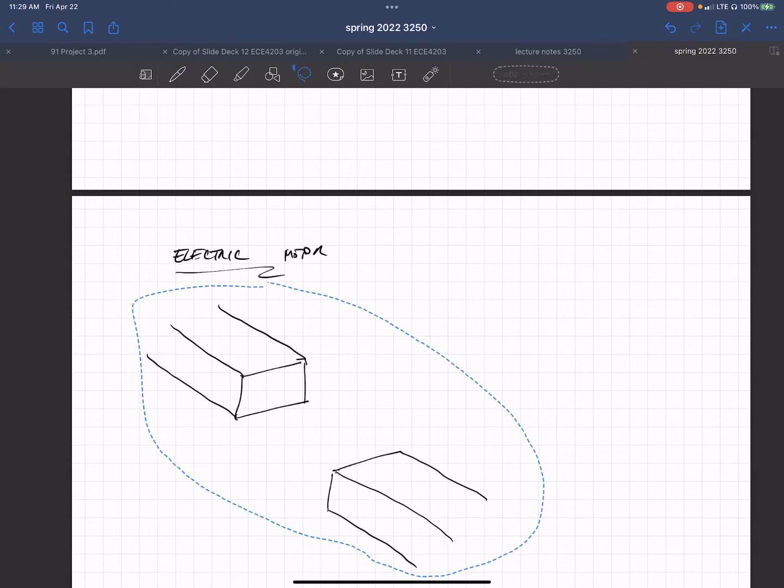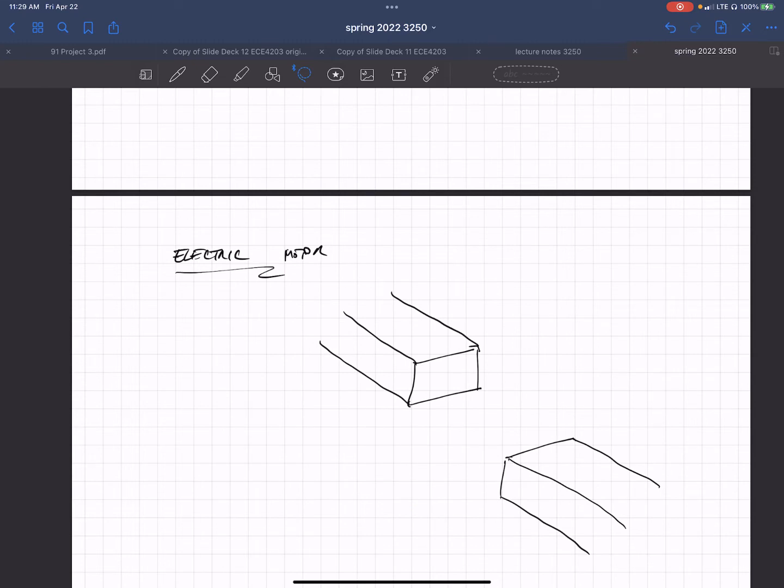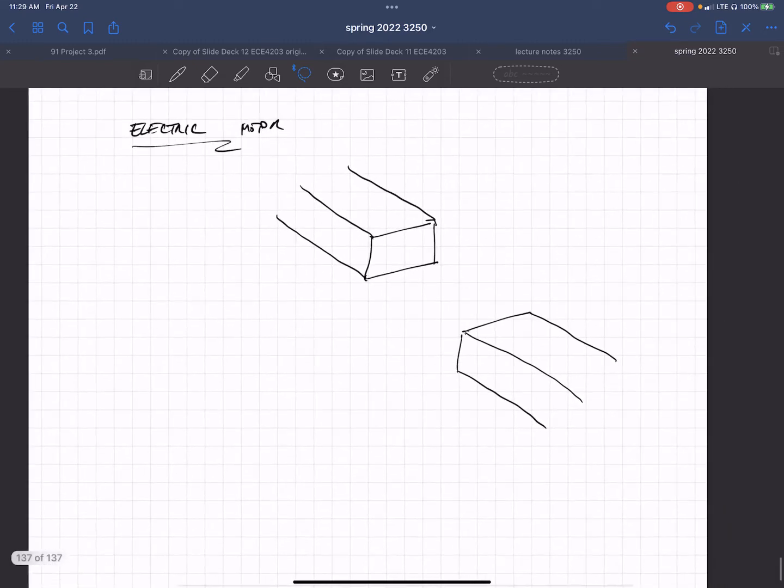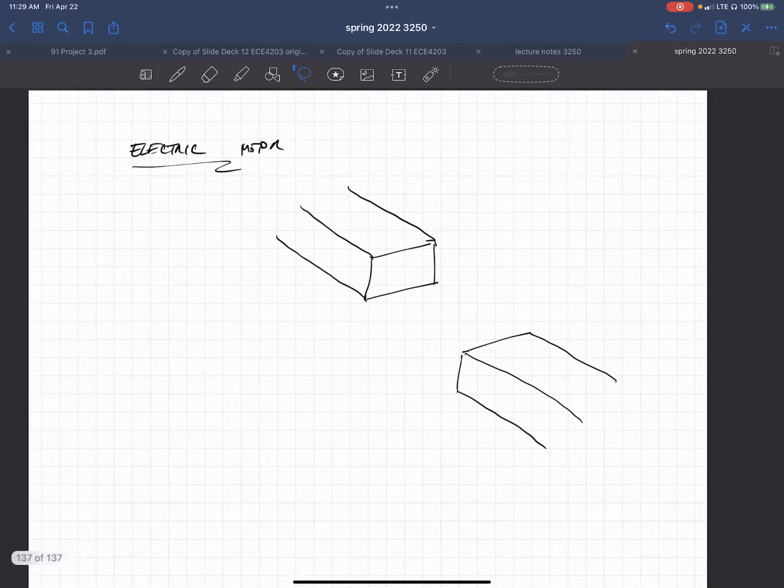And you would have a magnetic field going from one to the other, because you have these bar magnets.